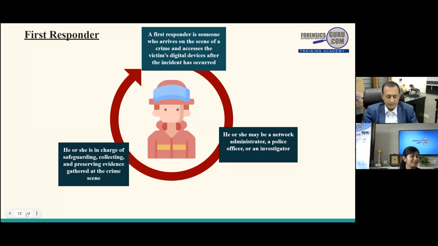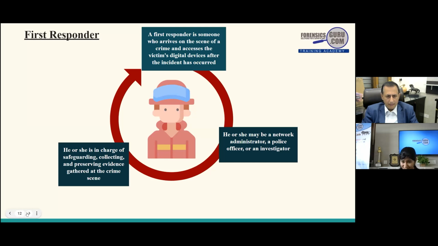Moving forward, since we have just discussed the crime scene and the types of evidence, the first question that comes to mind is: who first goes to the crime scene for investigation or collection of evidence? The first question is who will visit the crime scene.